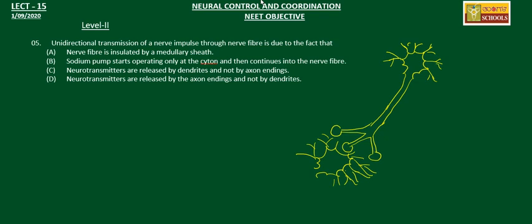So the axon terminals of one neuron lie on dendrites or cyton of the next neuron.